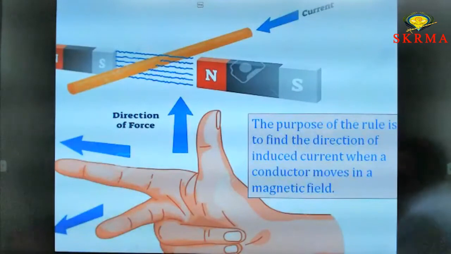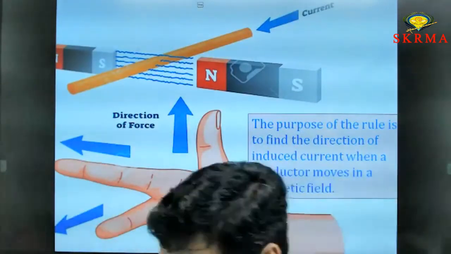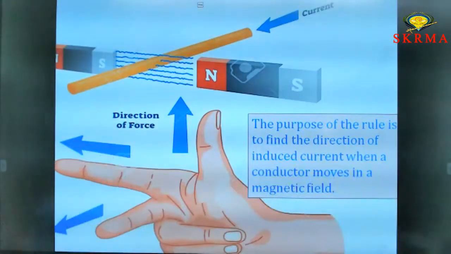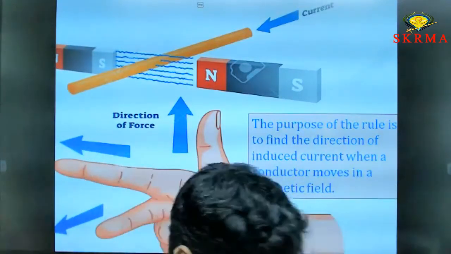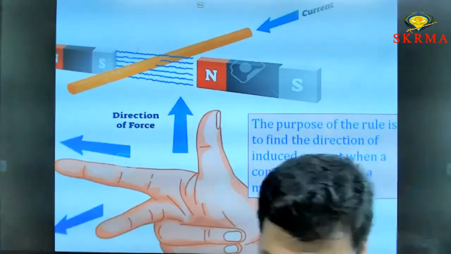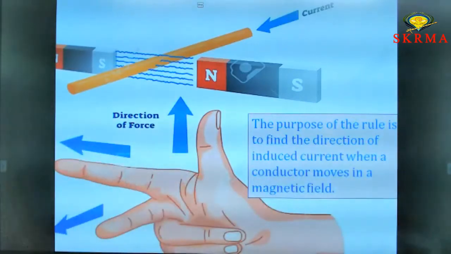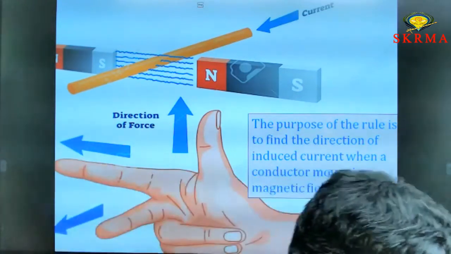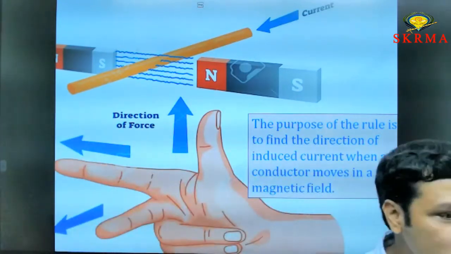The next concept is the Fleming right hand rule. There is a Fleming left hand rule and a right hand rule. The left hand rule, I think, was already discussed in our class. Based upon the left hand rule, we find the direction of current in electrical motors. But in generators, the Fleming right hand rule is used to deduce the direction of induced current.